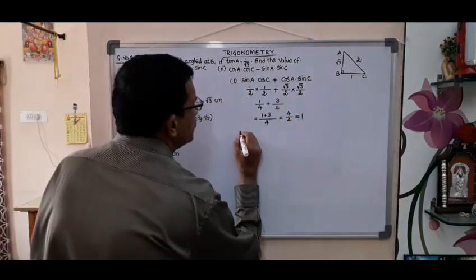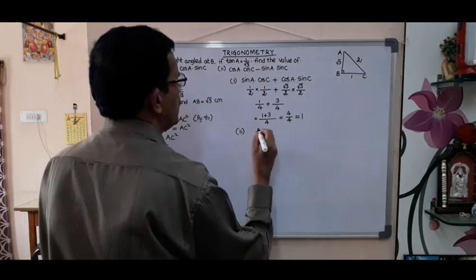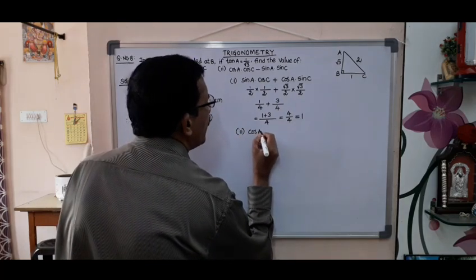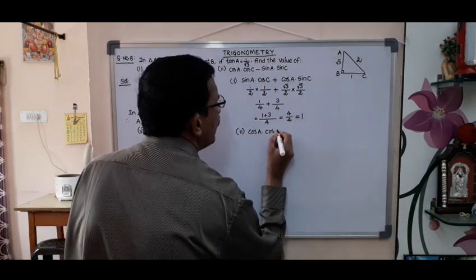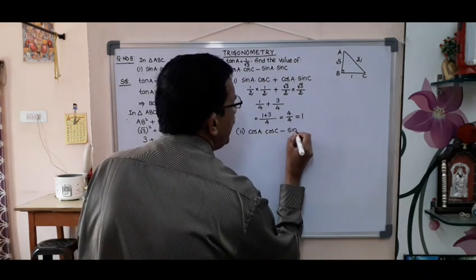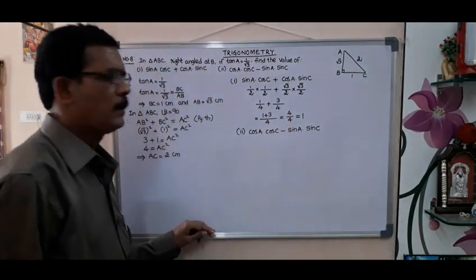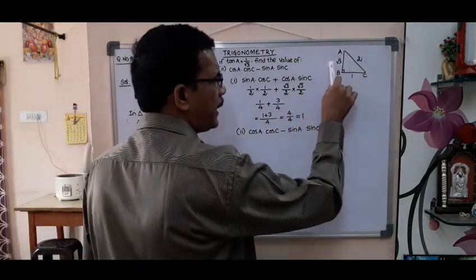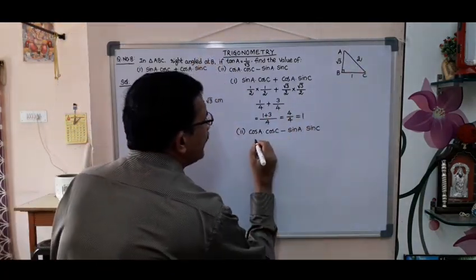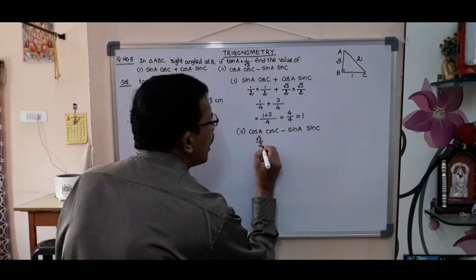Now, second sum. Cos A, cos C minus sin A, sin C. Cos A with respect to A, AB by AC, root 3 by 2.